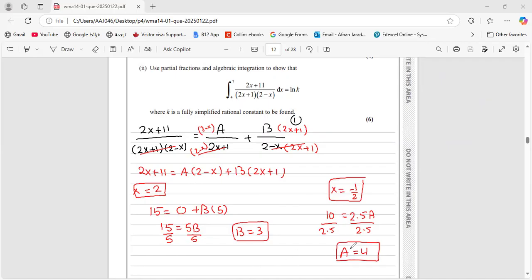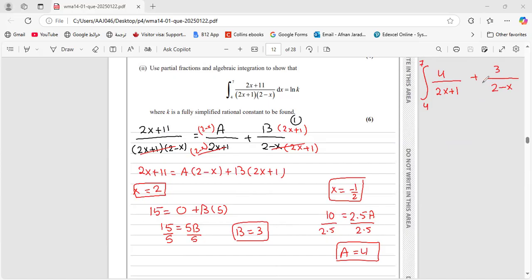Okay, substitute the values of a and b in the original equation. The partial fraction will be the integration from 4 to 7 of a, which equals 4, so 4 over 2x plus 1, and b, which equals 3, so plus 3 over 2 minus x.